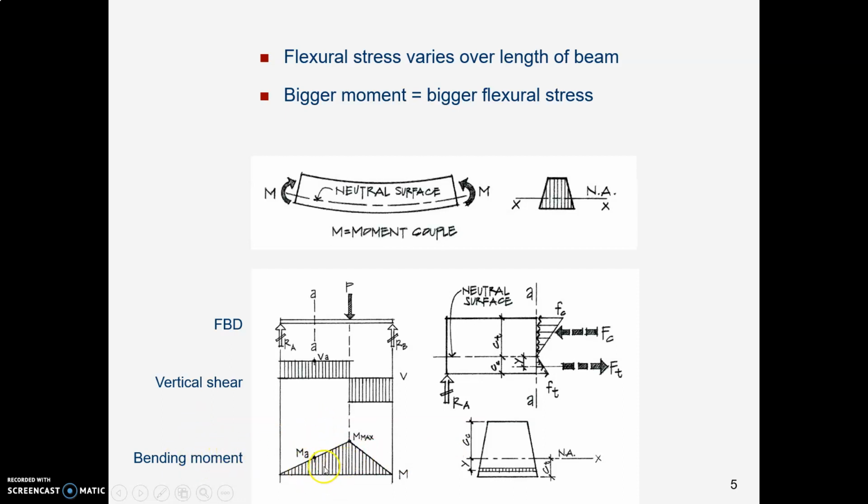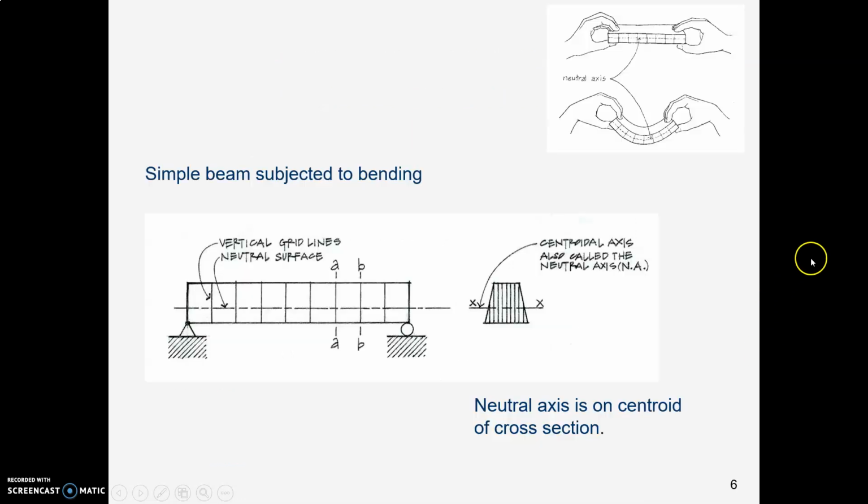And when we made those graphs, especially when we looked at the bending moment, we noticed that the moment changed at different points in the beam, and the moment was biggest under where there was a load on that beam. Well, the flexural stress that that beam experiences is bigger when the bending moment is bigger. Makes total sense.